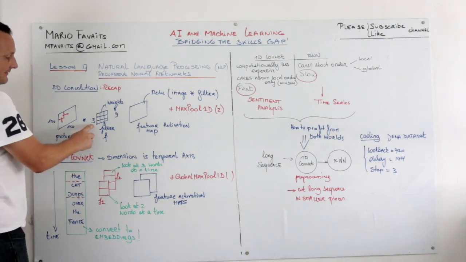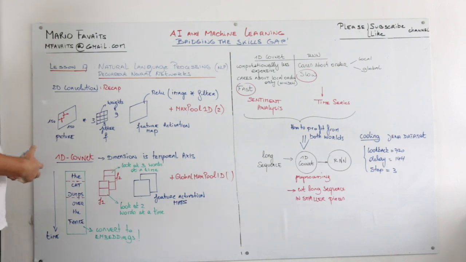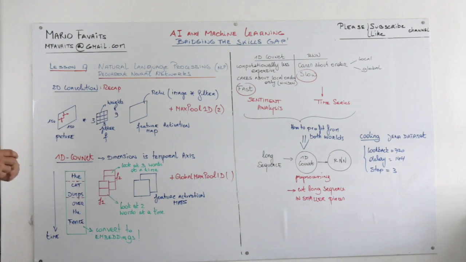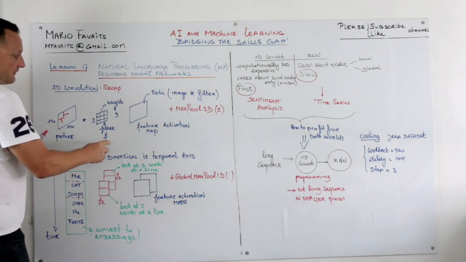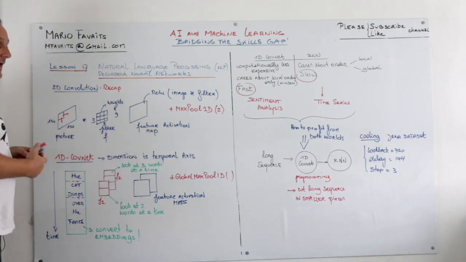Here the filter is a 3 by 3 filter, and so the filter has 9 weights. And the whole purpose of Covnets is to find the weights, or to optimize the weights of that filter and learn features. So then you have a feature map activation.